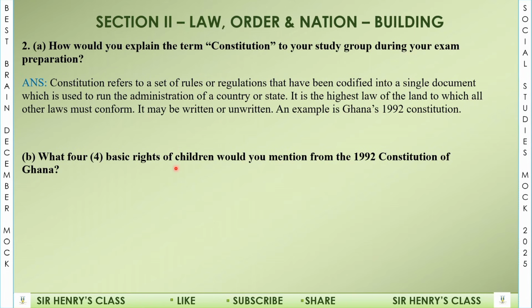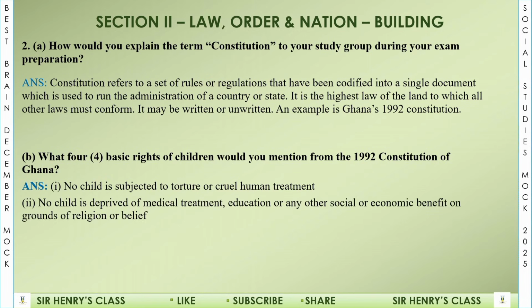2B says, what 4 basic rights of children would you mention from the 1992 Constitution of Ghana? No child is subjected to torture or cruel inhuman treatment. No child is deprived of medical treatment, education or any other social or economic benefit on the basis of religion or belief.